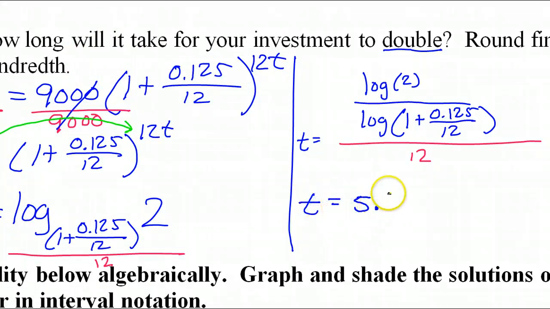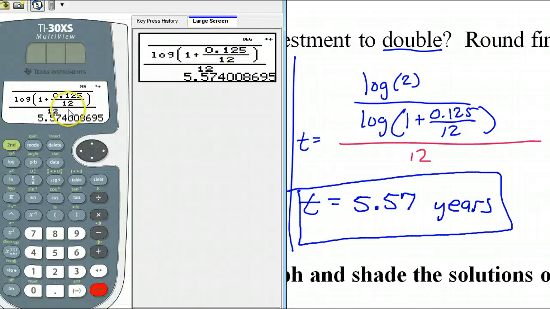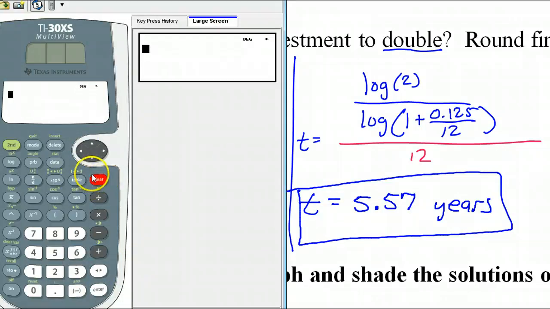Alright, 5.57 years. Okay, if you're uncomfortable typing in the stacked up fraction, I'm just going to show this one more time. You could do this one part at a time.